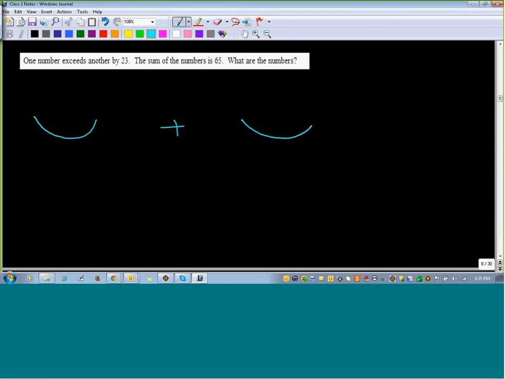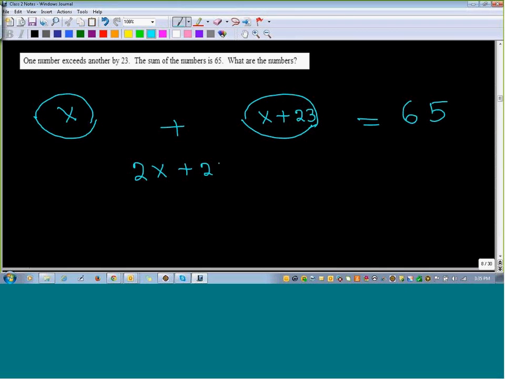2x plus 23 equals 65. Move 23 over, making it negative: 2x equals 42. 42 divided by 2 is 21. If x was 21, then 21 plus 23 is 44, and 44 plus 21 equals 65. Really simple.